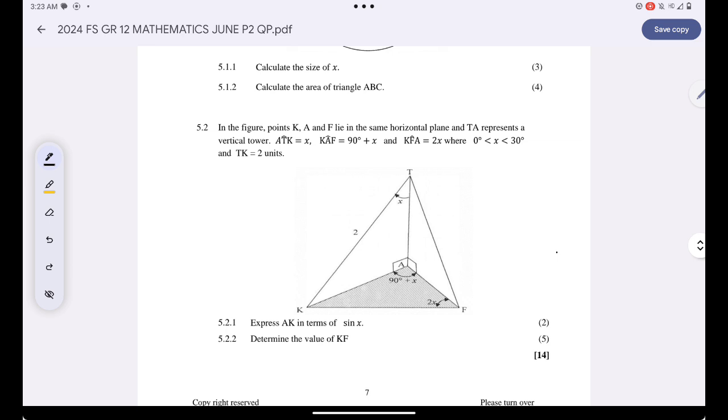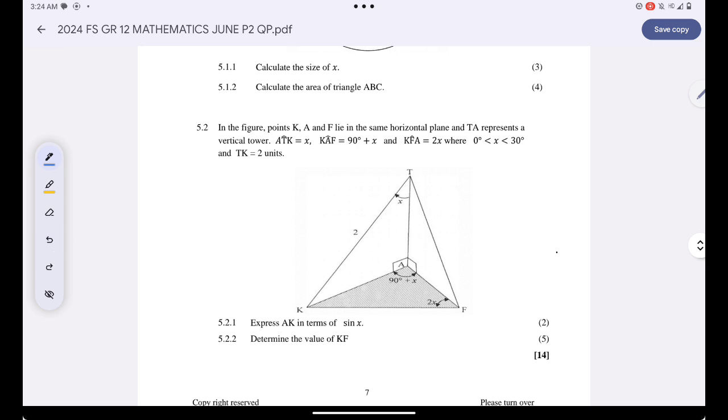We can express AK in terms of sine X, right? If you look at this triangle, this is a right angle triangle, and we have an angle there. The side opposite the angle is AK. This is the hypotenuse, always the side opposite the 90 degrees angle.